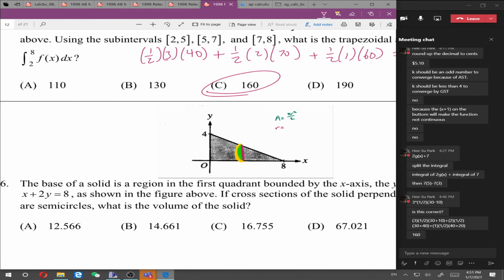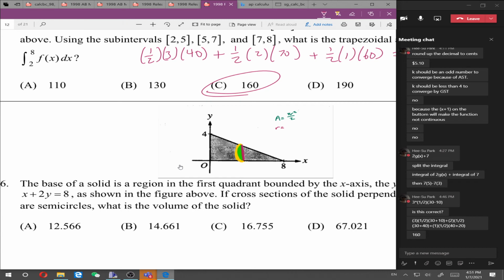So my radius here in red should be equal to... what is this red distance? You can give it to me in terms of x or y if you want. Is it y?